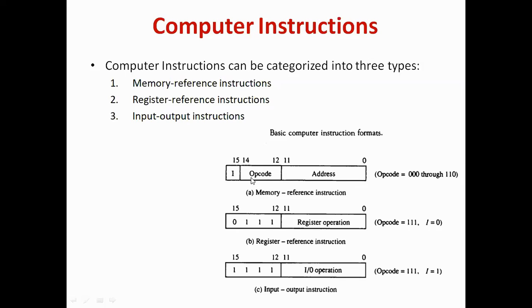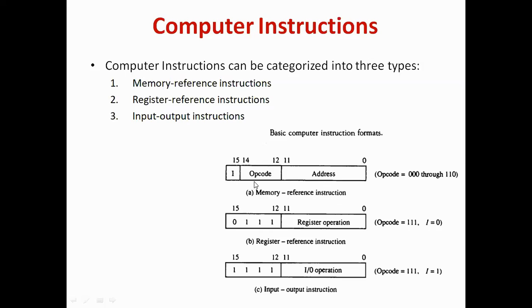And the most significant bit, which we call the I bit, the 15th bit, will represent whether the address is a direct address or an indirect address. If things are like this, then this is a memory reference instruction.